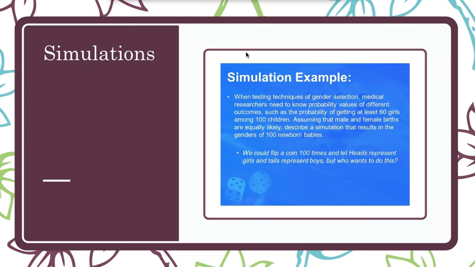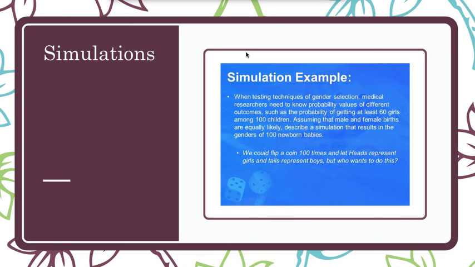Describe a simulation that results in the gender of 100 newborn babies. So for this example, for a simulation, we could flip a coin 100 times and let heads represent girls and tails represent boys. But who wants to do this?